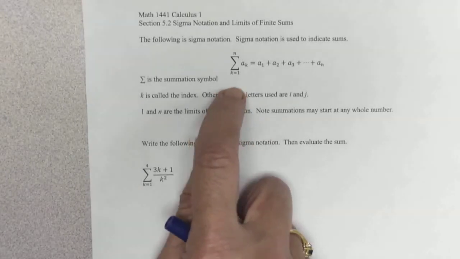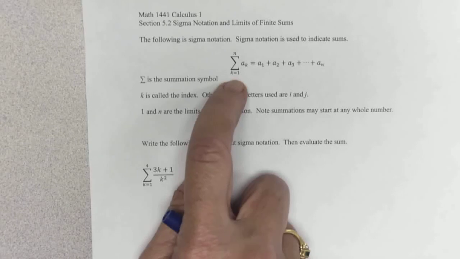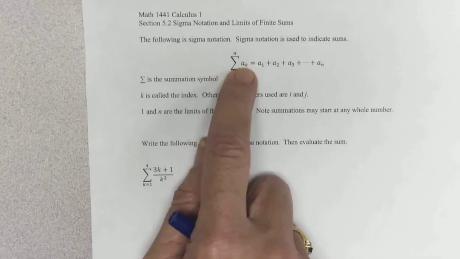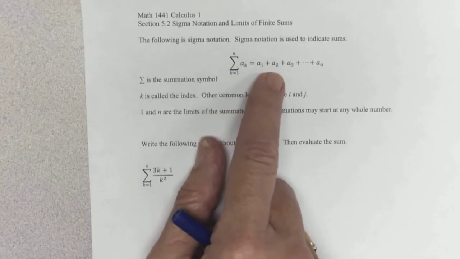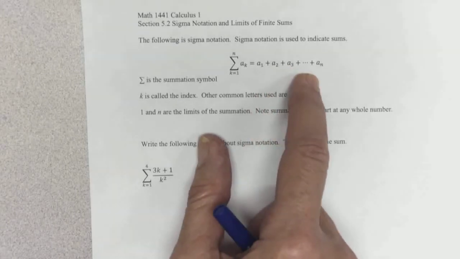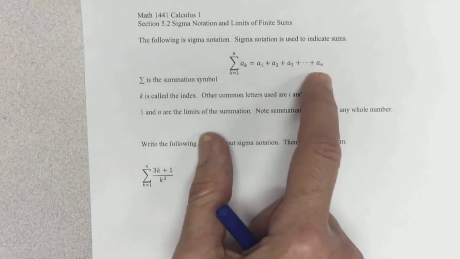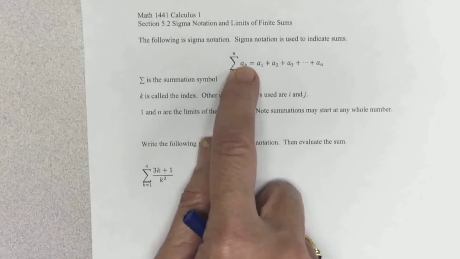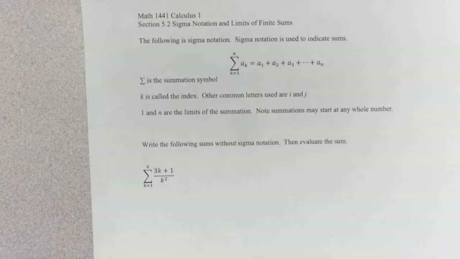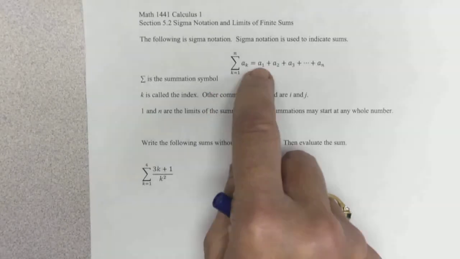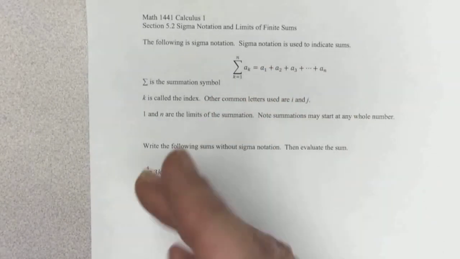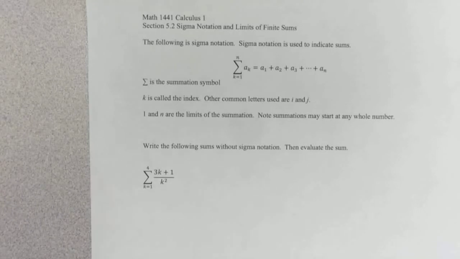Very generally, this would be read, the summation from k equal 1 to n of a sub k is a1 plus a2 plus a3, all the way up to whatever n happens to be. And what that a sub k generally is going to be is some sort of formula, where you're going to plug in 1, then 2, then 3, and however far you need to go up.